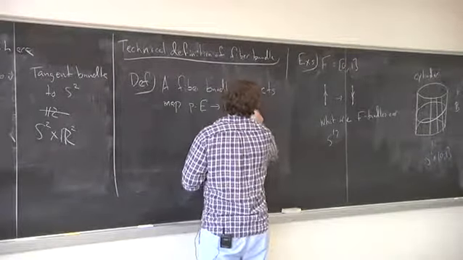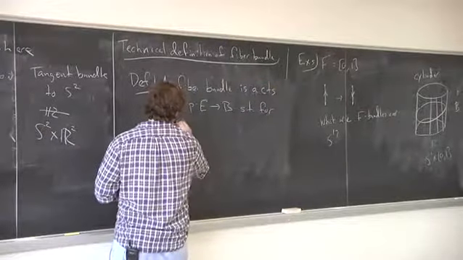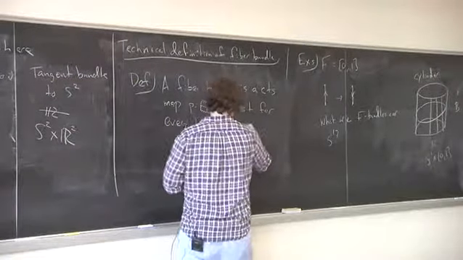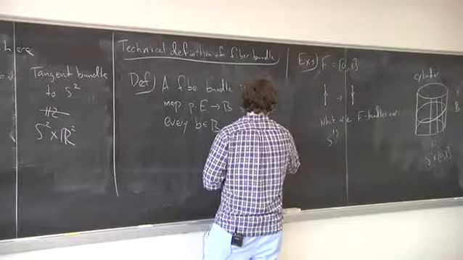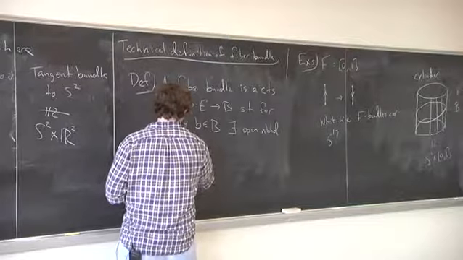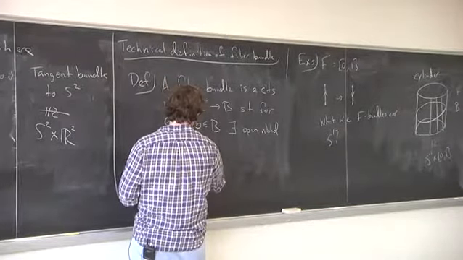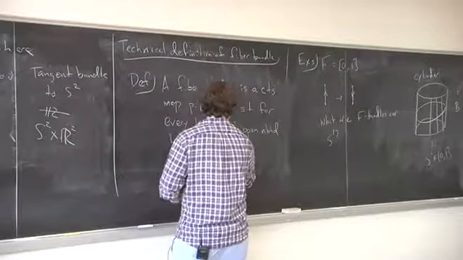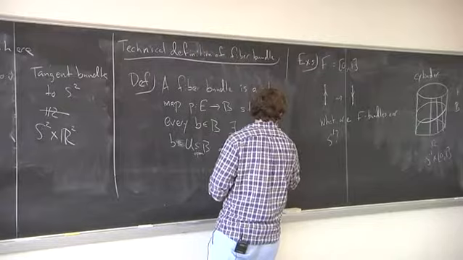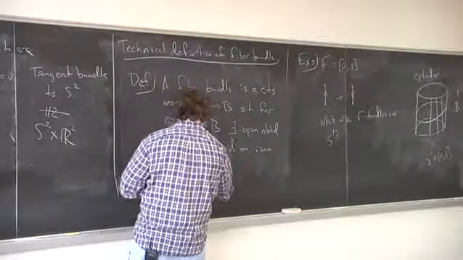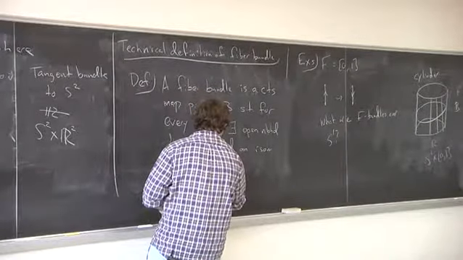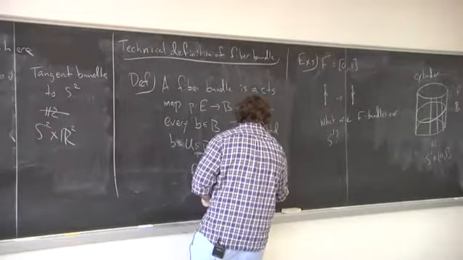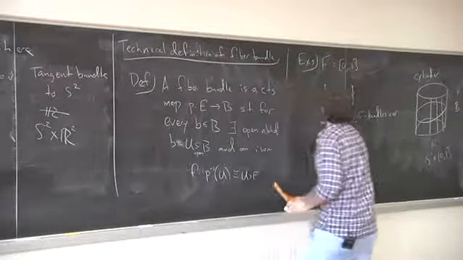With the following property: for every point B in the base, there exists an open neighborhood U, with B in U subset of B open, and an isomorphism, call it F. This goes from the preimage of U under P to U cross F, and it needs to satisfy some properties.